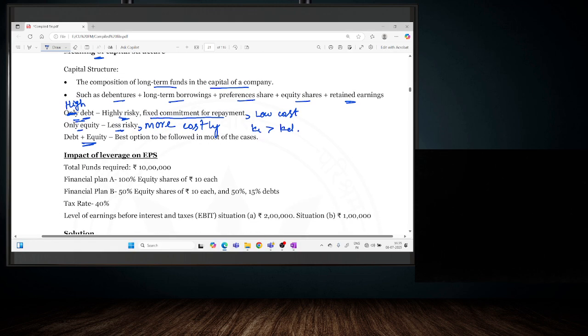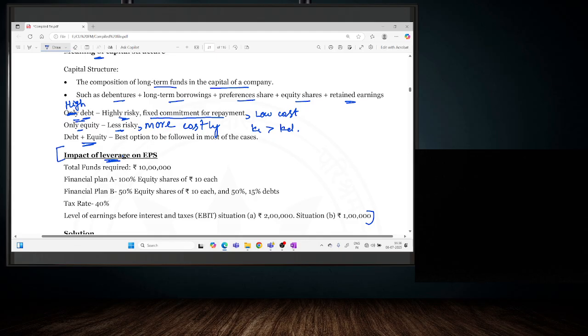So now we will do this example, impact of leverage on EPS. After the capital structure chapter, we have a chapter called leverage analysis. That is the third chapter in financing decision. What is leverage, how to interpret it, types of leverages, what a leverage measures, all these things we are going to discuss in detail in the next chapter.